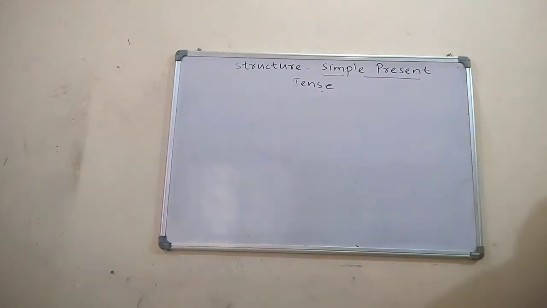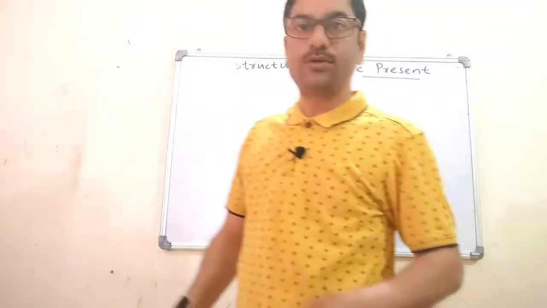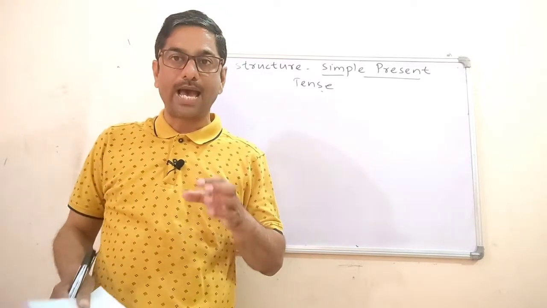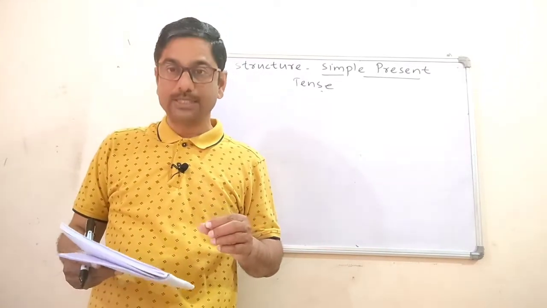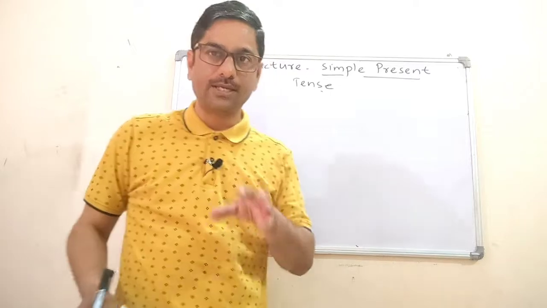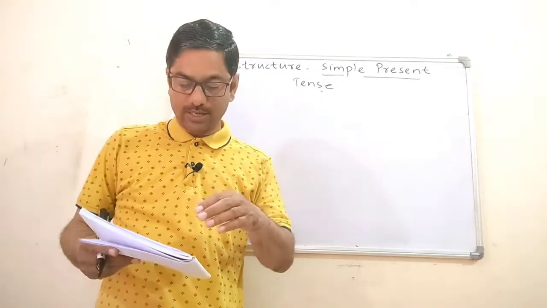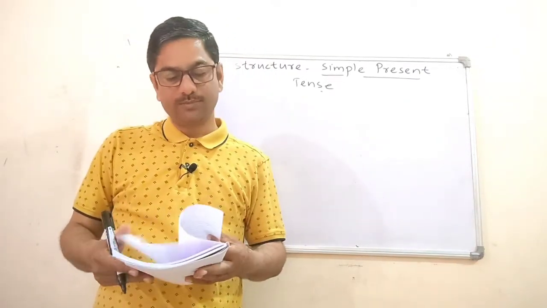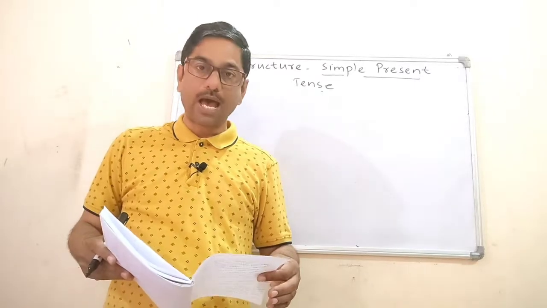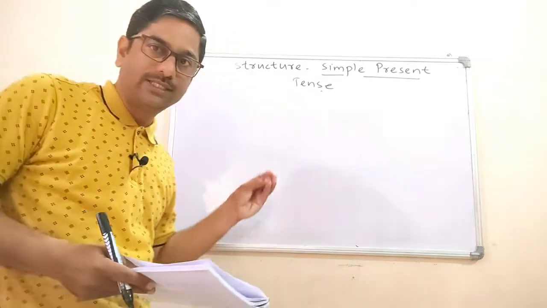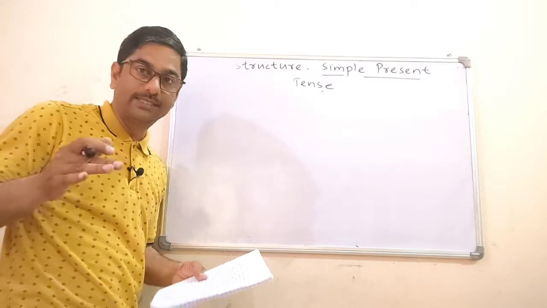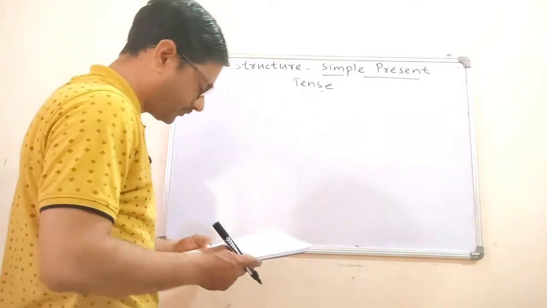We use adverbials after the subject, or sometimes we use adverbial after the verb. So I will write here a few sentences so that you will understand in a better way.